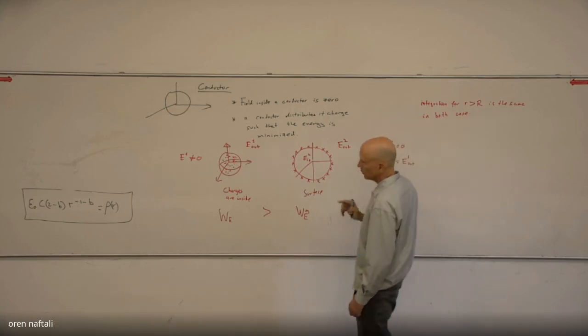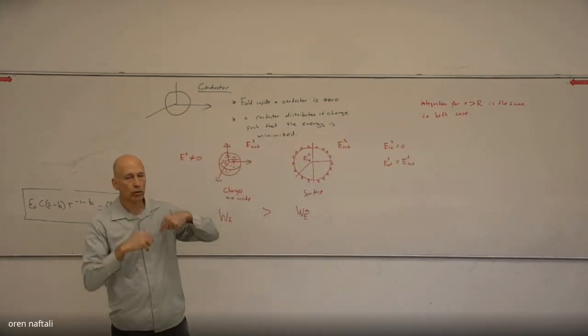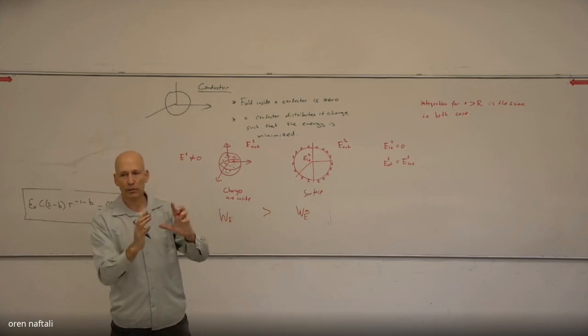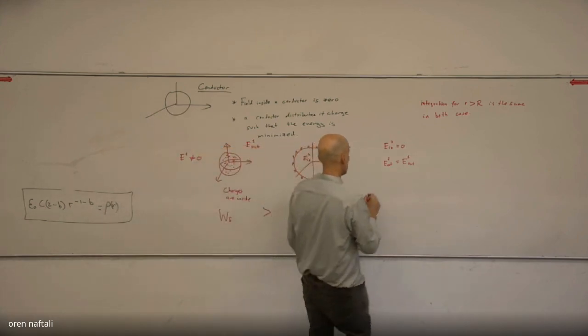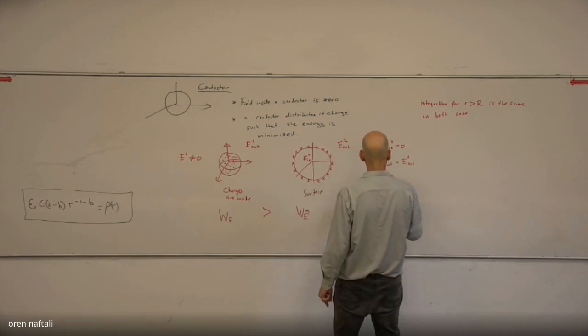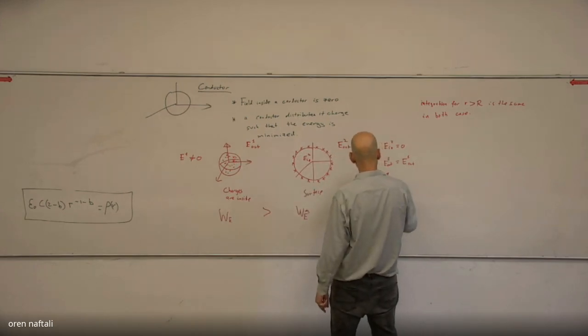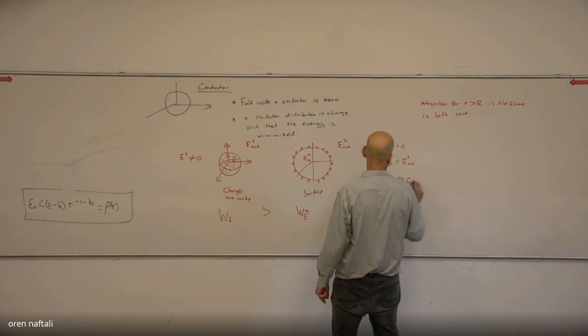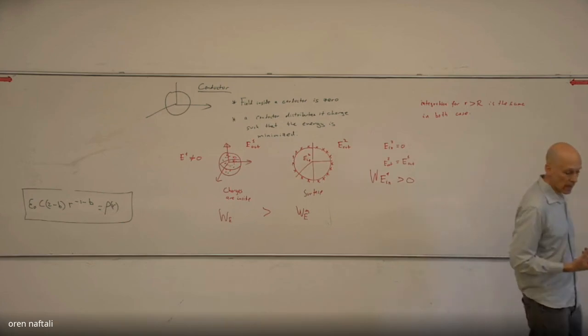And another small point is that when you are integrating E absolute value to the power 2, it's a positive number always. It cannot be negative. So E in is bigger than 0, and that's why the second guy is winning.